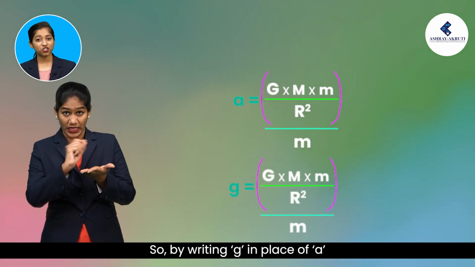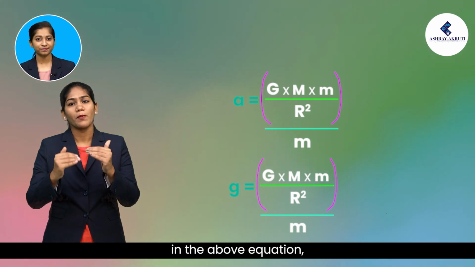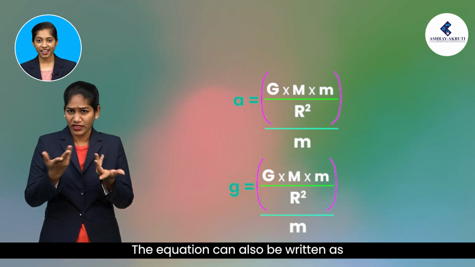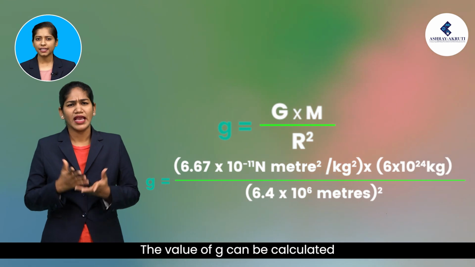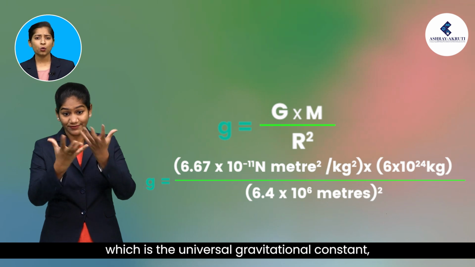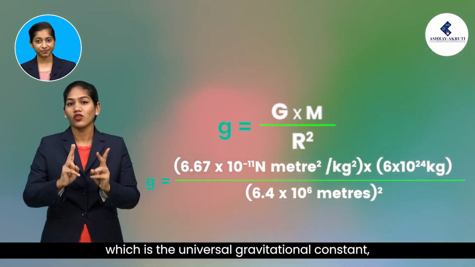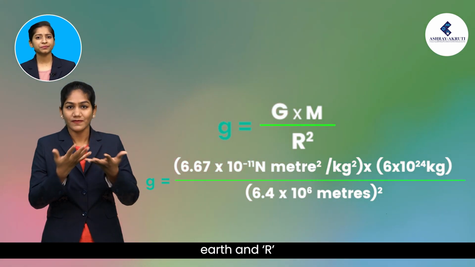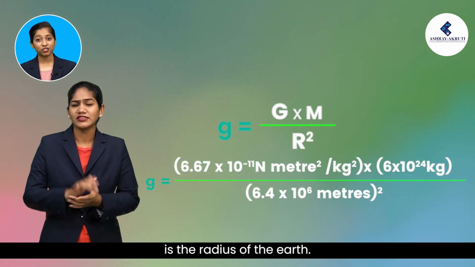So, by writing g in the place of a in the above equation, the value of g can be calculated by using the values of G, which is the universal gravitational constant, M, which is mass of the earth, and r is the radius of the earth.